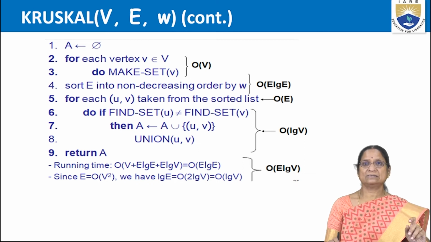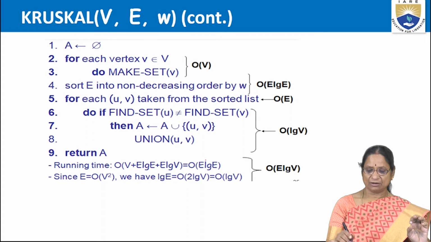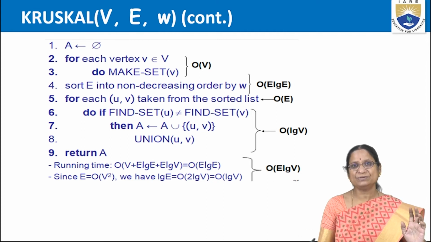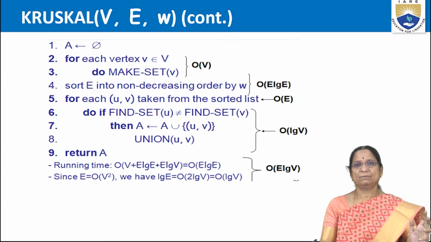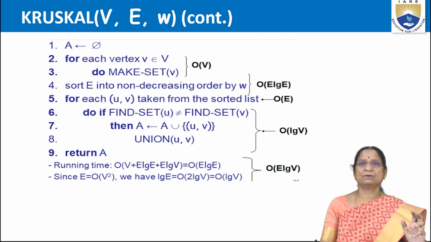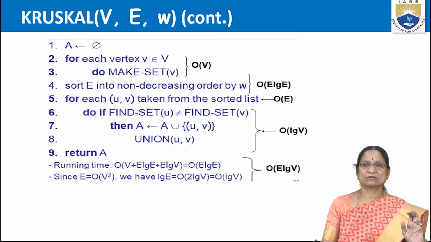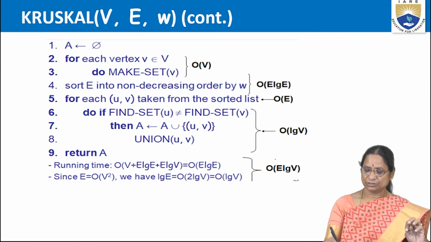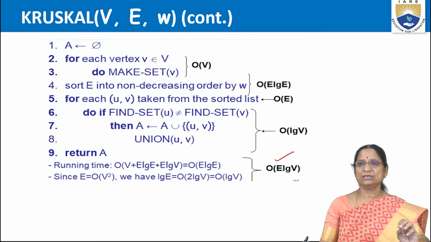So this is equivalent to big O of E log E, or we can consider big O of E log V, because E is equal to big O of V squared. The number of edges must be at most the number of vertices squared. So log E is equal to order of 2 log V, or order of log V. So that's why we can consider the total time complexity is order of E log V.